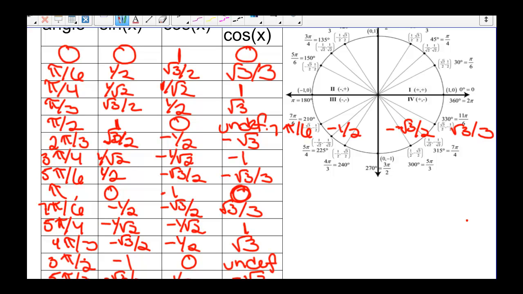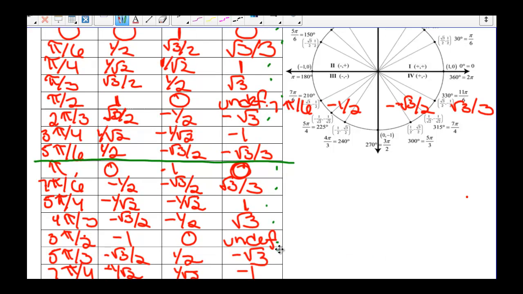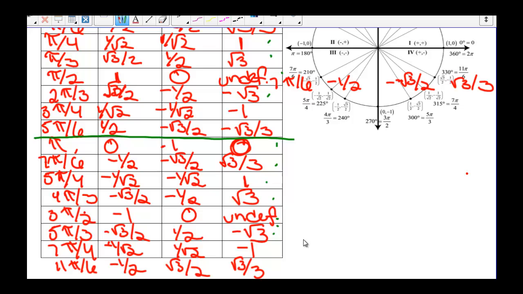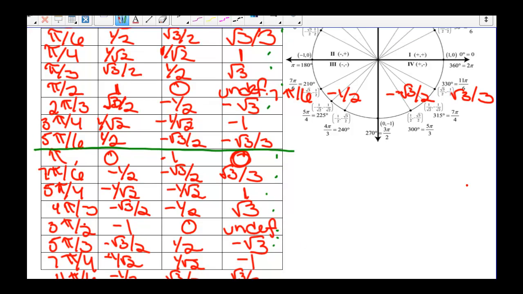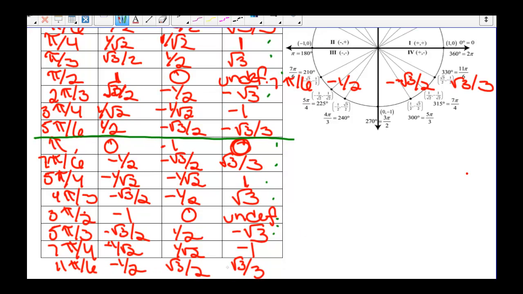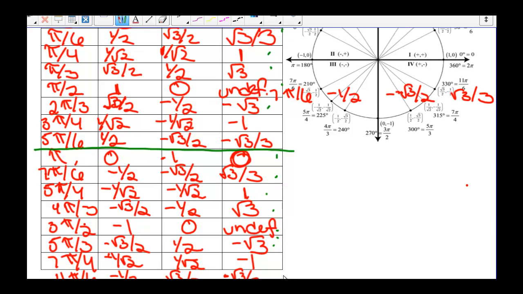Notice that after 5 pi over 6, we start to repeat. So we have 0, 0, square root of 3 over 3, square root of 3 over 3, 1, 1, square root of 3, square root of 3, undefined, undefined, negative square root of 3, negative square root of 3, negative 1, negative 1, and then we have negative square root of 3 over 3 and negative square root of 3 over 3.